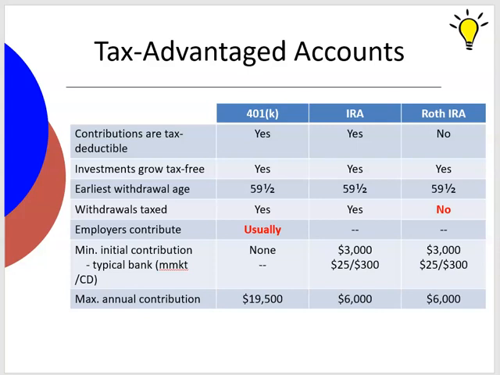Let me explain what that means. Let's suppose you make $50,000 a year and you want to put $5,000 into your 401k. That means in that year, you can subtract the $5,000 from your $50,000 and only have to pay taxes on $45,000. So you pay less income tax that year. That's a good thing. The money that goes in is not taxed.